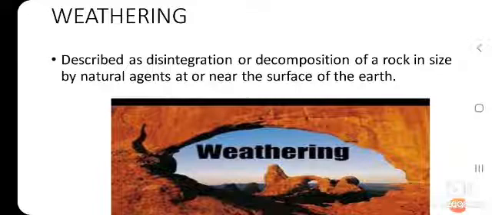And children, this disintegration or decomposition of rocks takes place only by being exposed to the weather conditions like temperature, moisture, precipitation that disintegrate or break down the rocks. Okay, children. Then this weathering is the basic process and an essential phase of denudation.